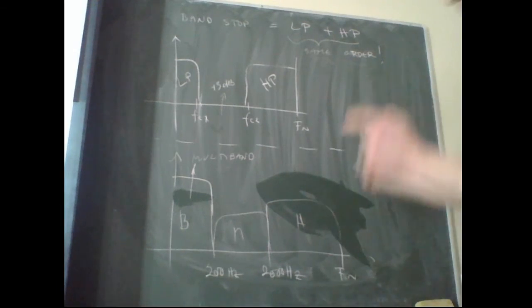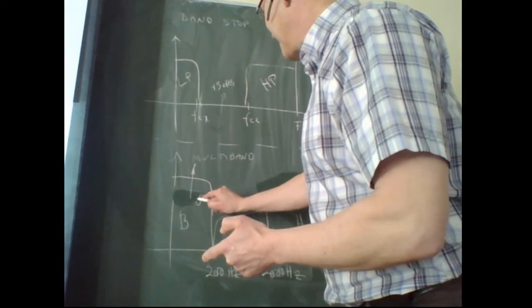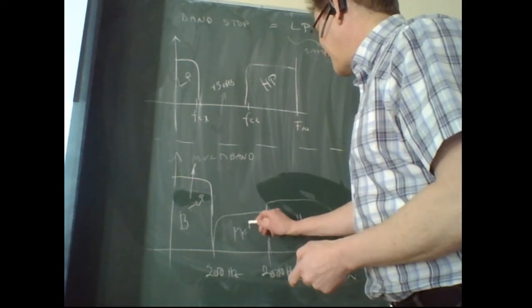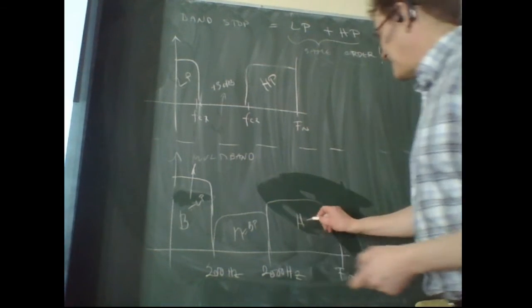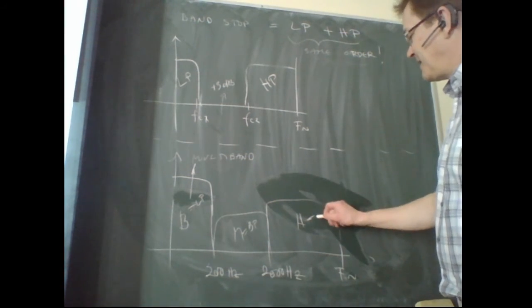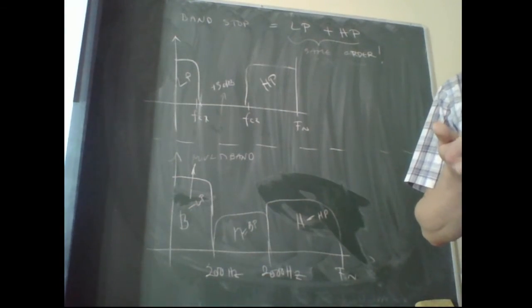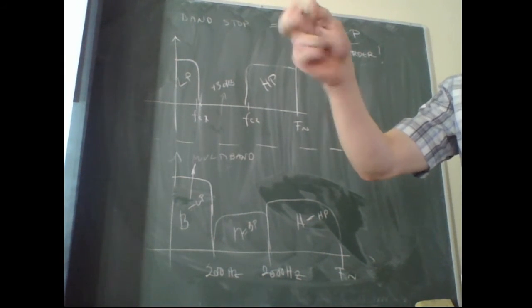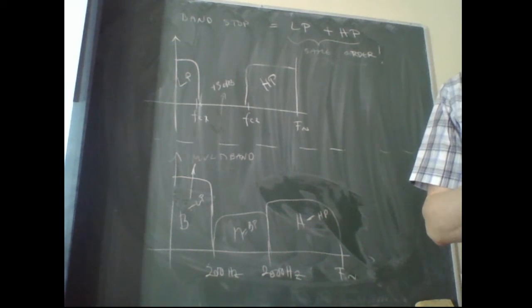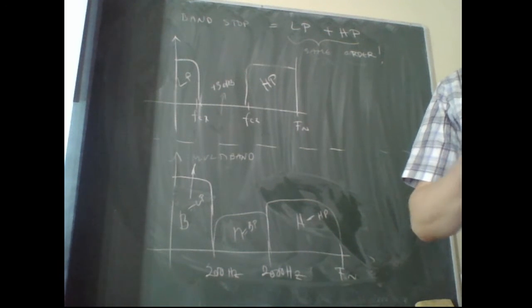Excellent. So multi-band filter, low pass, band pass, and the high-pass filters. Why would you have only bass and treble settings on normal car stereos? One reason is they are very cheap.